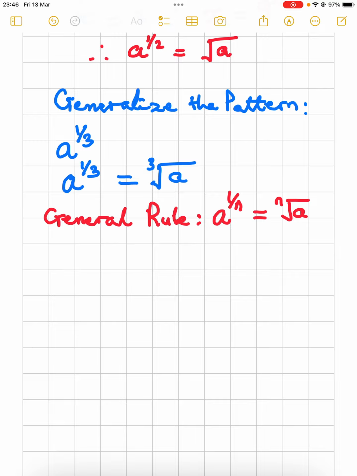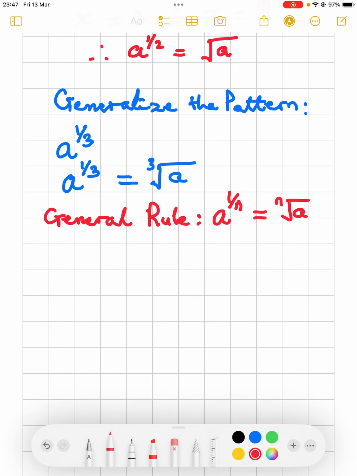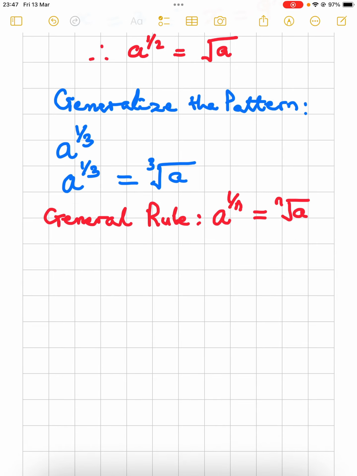Note clearly that the denominator tells you the root. The denominator tells you what the root is going to be. I would like you to underline denominator. It tells you what the root is going to be.